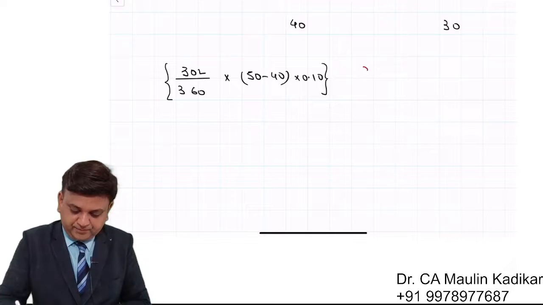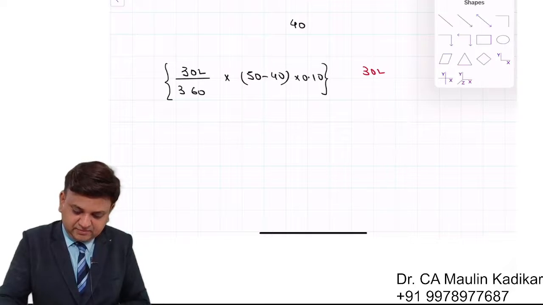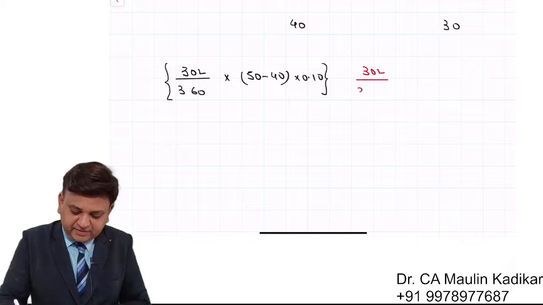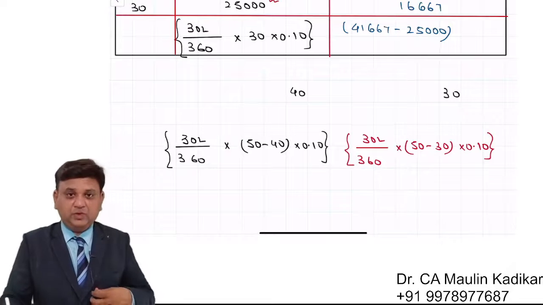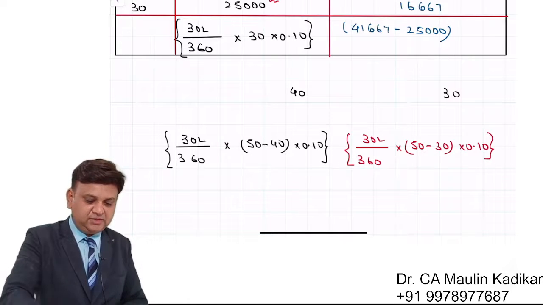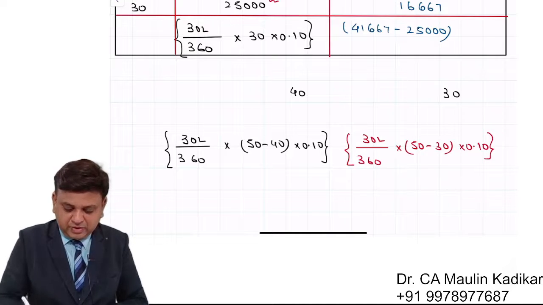Similarly, 30 lakhs divided by 360 into 50 minus 30 into 10 percent. So it is 30 lakhs into 10 into 10 percent upon 360. So you can get the savings directly: 8,333.